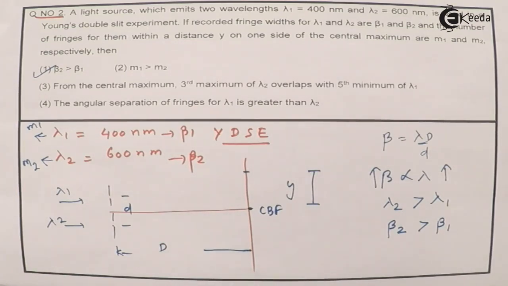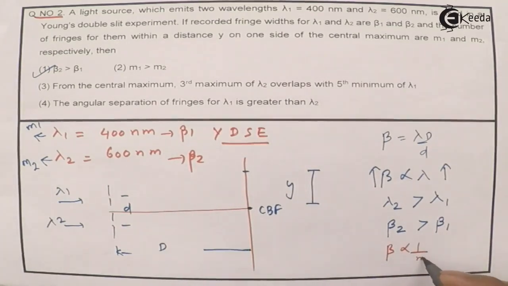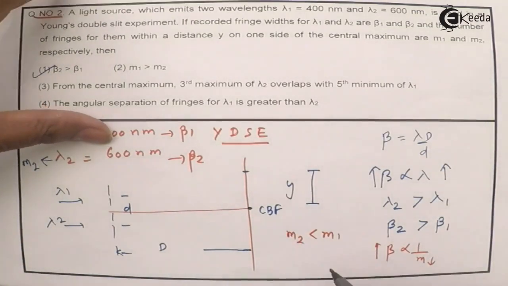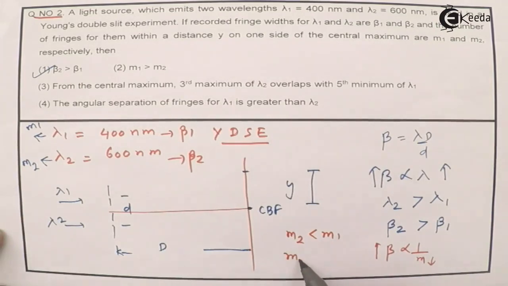So greater beta means fewer fringes, that means beta is inversely proportional to the number of fringes. Because beta 2 is higher, m2 will be less than m1, or m1 should be greater than m2. That is correct, and therefore this is also correct.